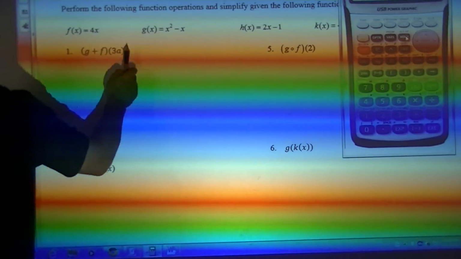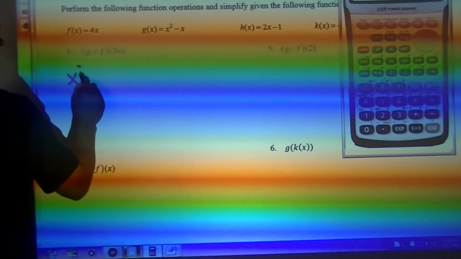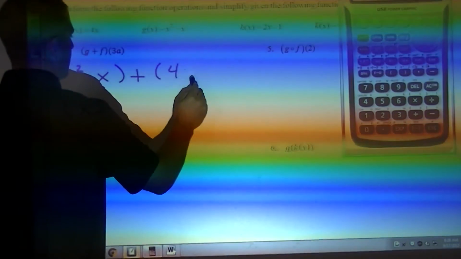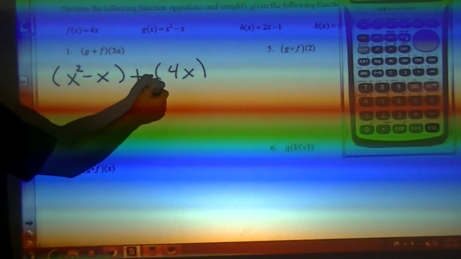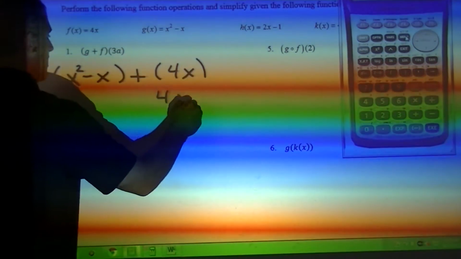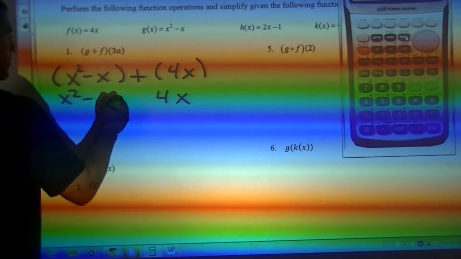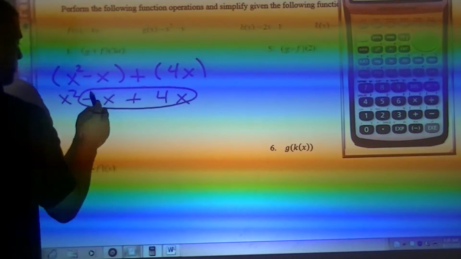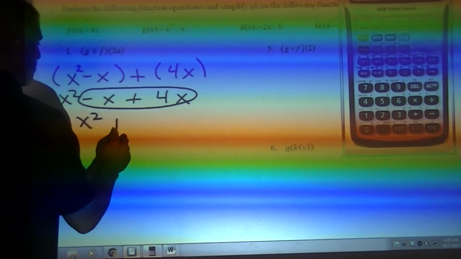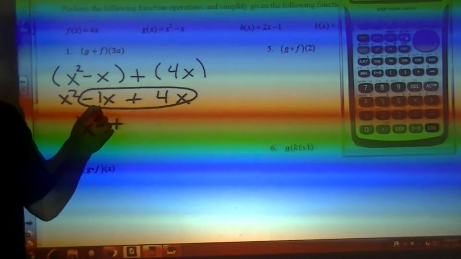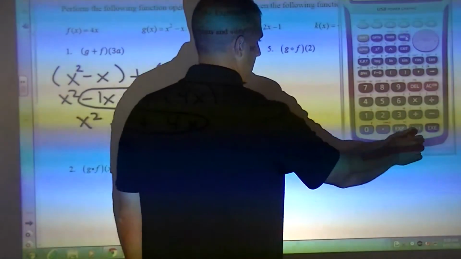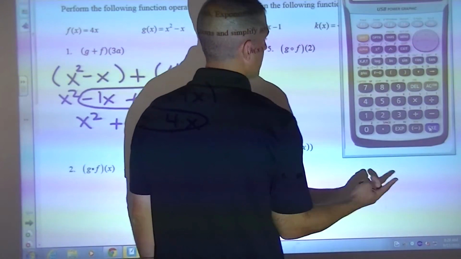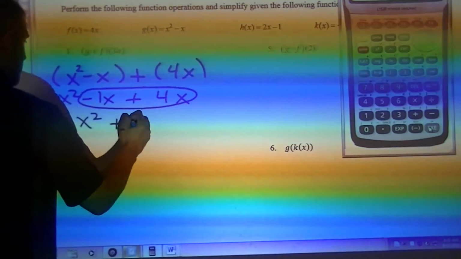So here's what you want to do. You want to lay out your G function, which is x squared minus x, plus your F function, which is 4x. All plus means keep the same signs. So I'm going to rewrite everything, keeping the same signs. I want to combine my like terms. I got x squared plus negative 1 plus 4, which is 3, so 3x.